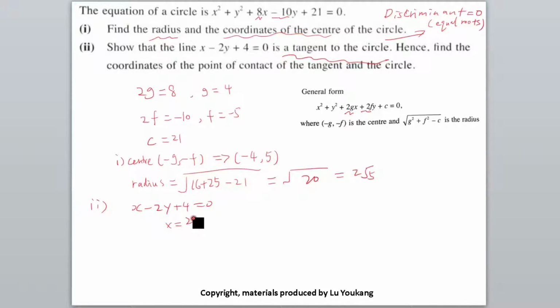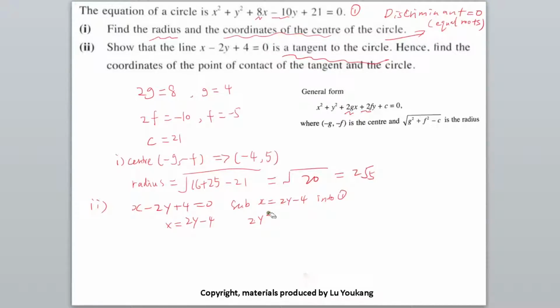So what you need to do is rearrange x minus 2y plus 4 equals 0 and then sub in x equals 2y minus 4 into the equation of the circle, because we need to show the line is a tangent to the circle.